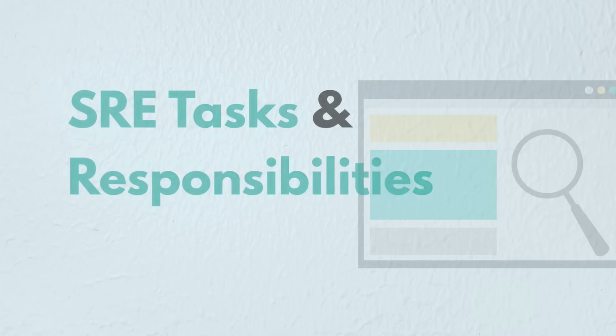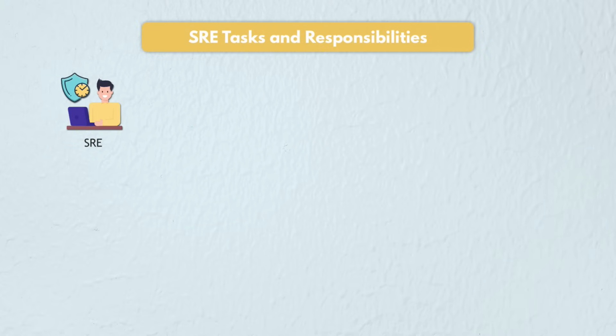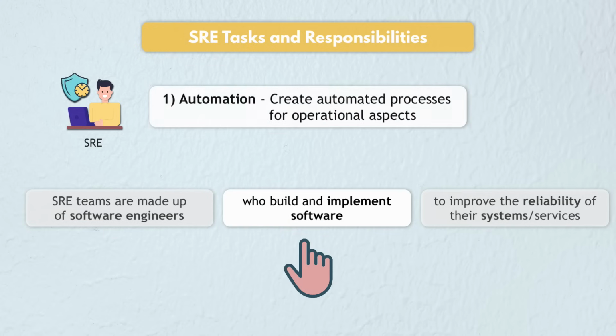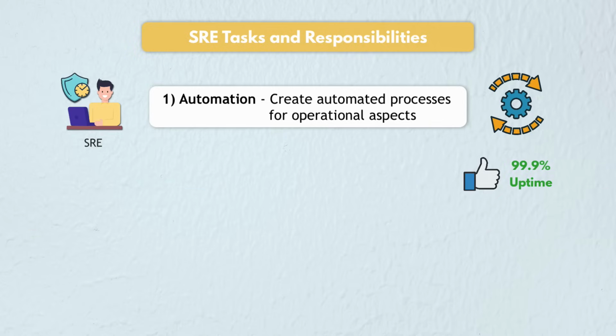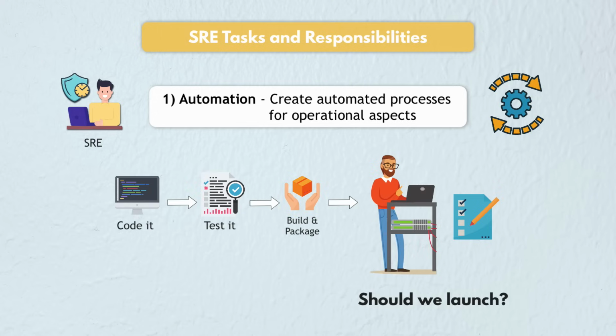And the SRE, or the Site Reliability Engineer, is the one who creates automated processes to calculate and evaluate whether the service is within the SLA or not. So now the policy for launching is not the endless checklist that operations use to decide whether to launch or not.